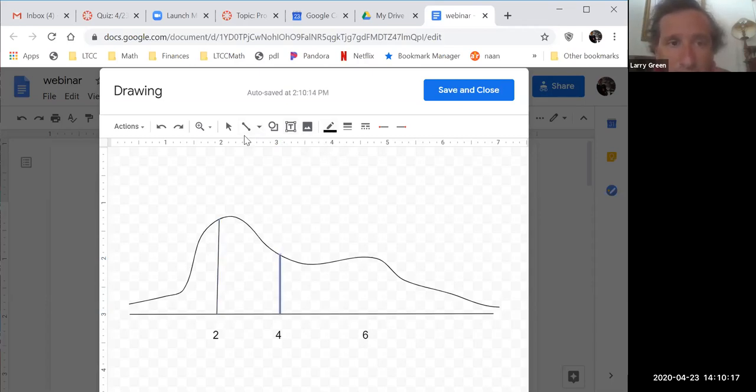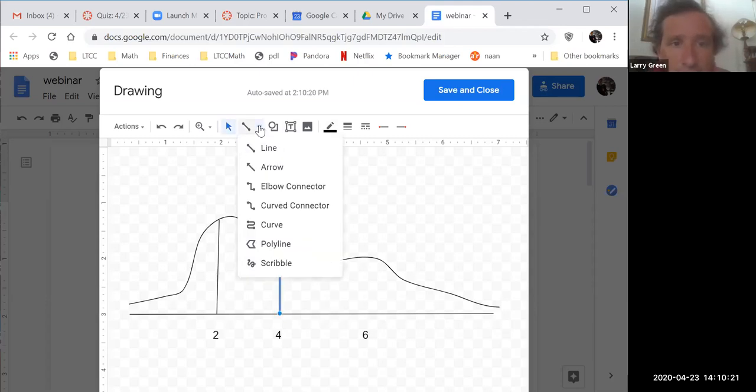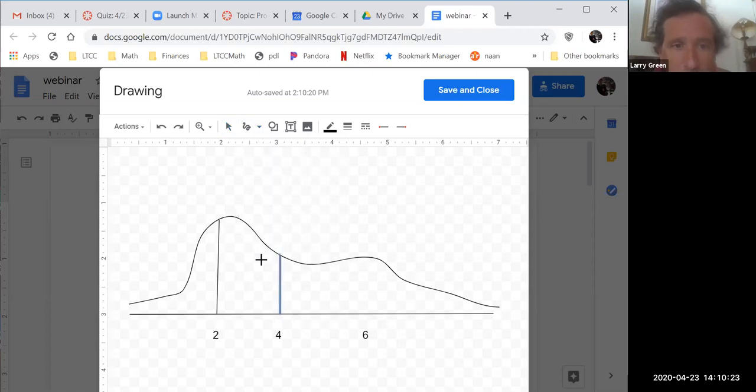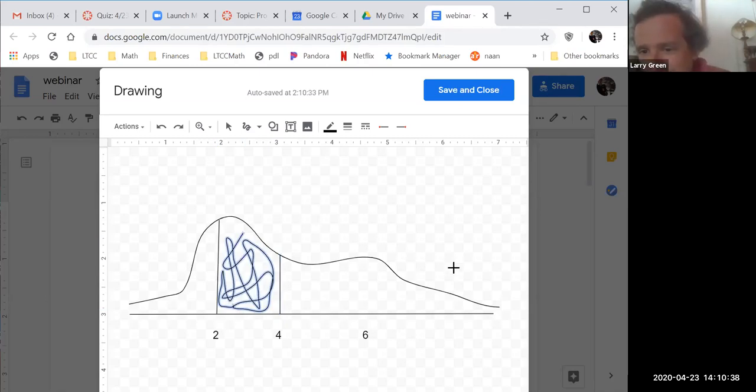Any questions so far? Then I'm going to scribble, and I'm going to look at all of this stuff in here, in between 2 and 4 under this curve. Any questions so far?